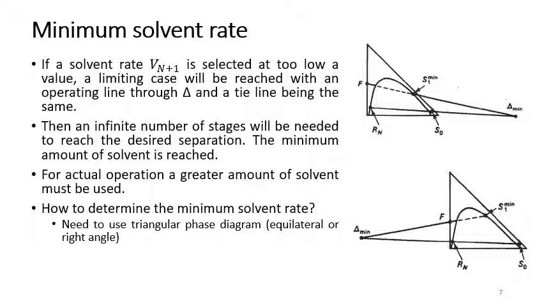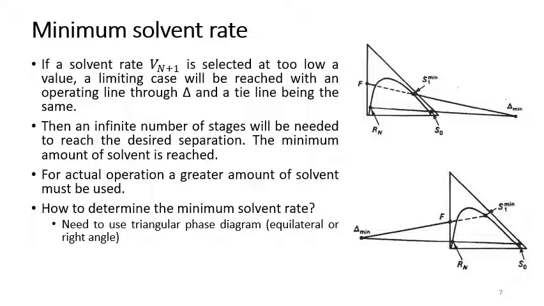It will cross through the tie line. So that will give you the minimum solvent flow rate, because in dealing with equilibrium data, you have to know that the limiting case is when the operating point or operating line reaches the equilibrium line.